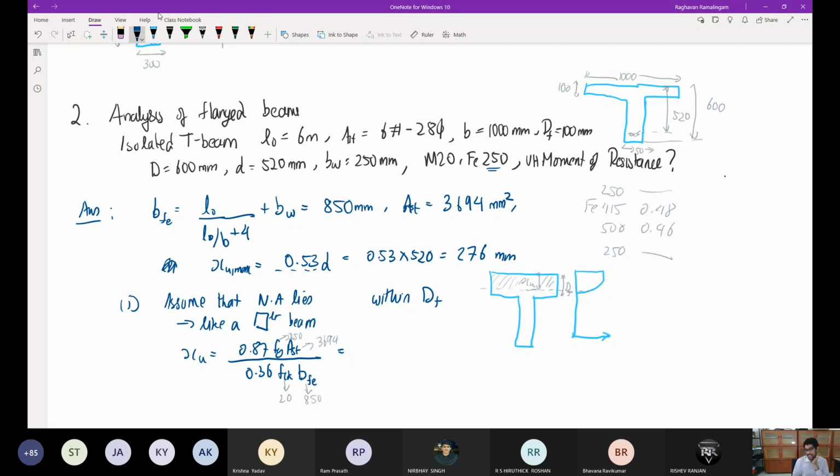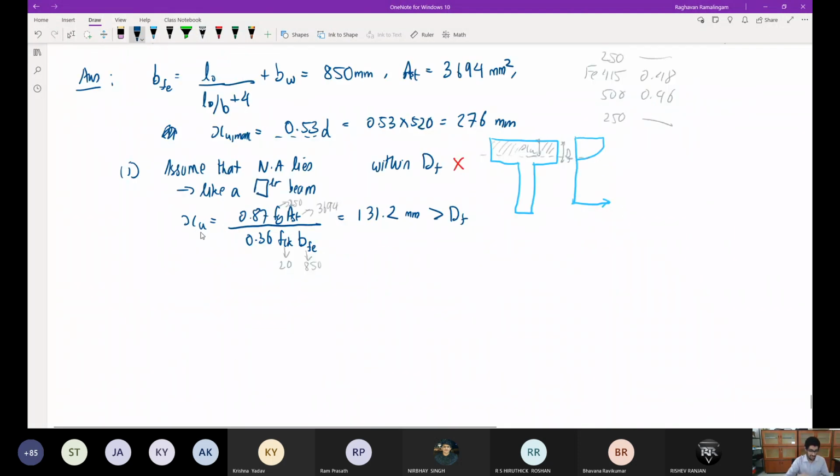How much are you getting? So 131.28, 131.2 mm. And as you see now, this is actually greater than DF, and therefore this assumption is not right. So we move ahead and go to assumption number 2.